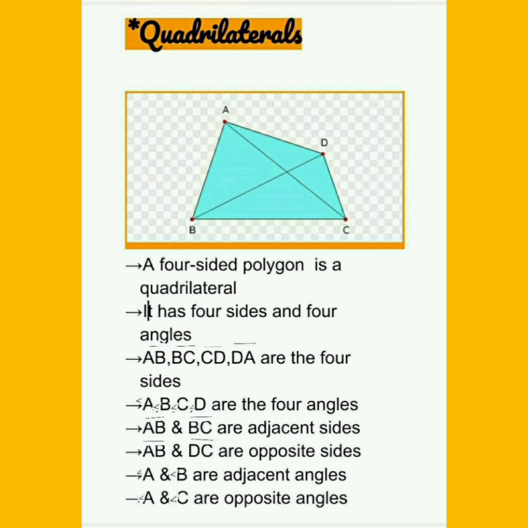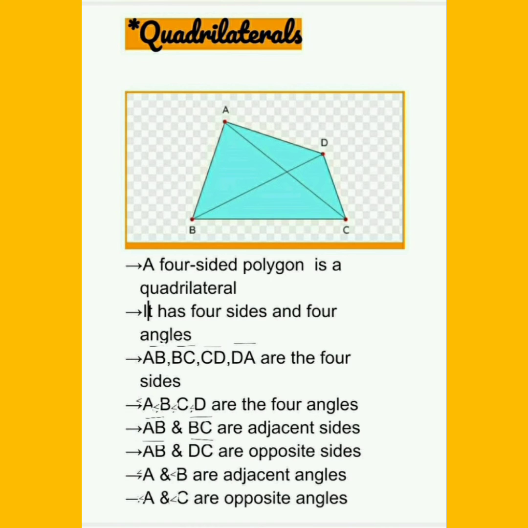And angle A and angle C are opposite angles because they don't have a common line segment. ठीक है? Then, AC and BD are called the diagonals of the quadrilateral. The line joining the opposite angles of a quadrilateral is called a diagonal.